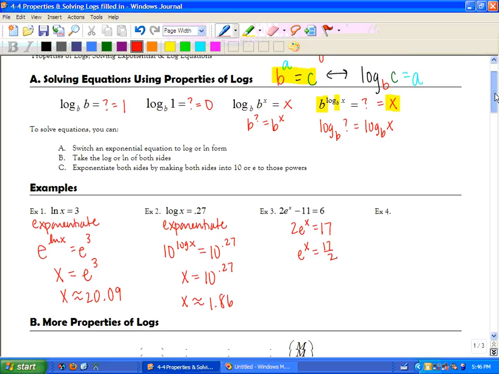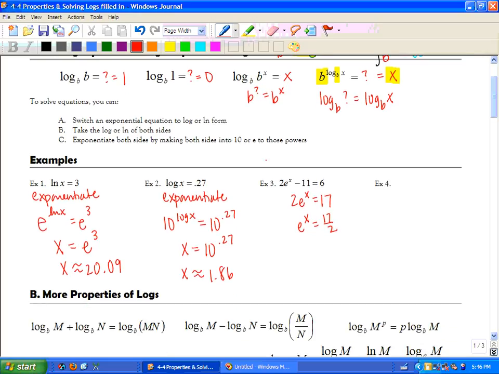And then I would, like I said, do method A and switch it to the natural log form. So it's e, so go natural log. I always write it in cursive so it doesn't look like 1n or in. So the natural log of 17/2 should equal x. So again, if you type that in your calculator, x is approximately 2.14.